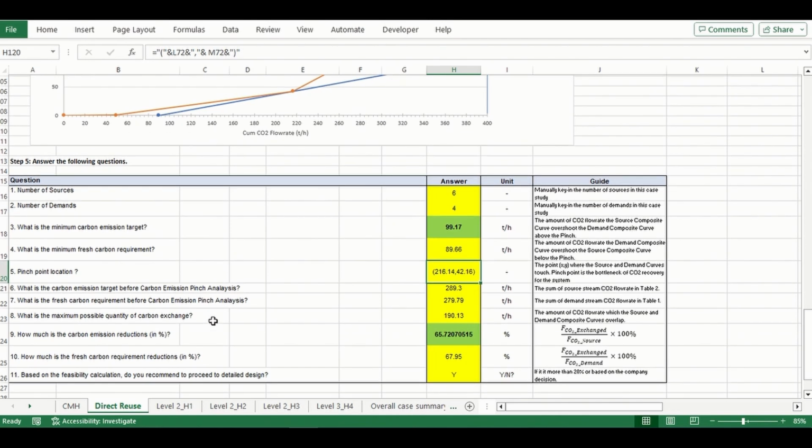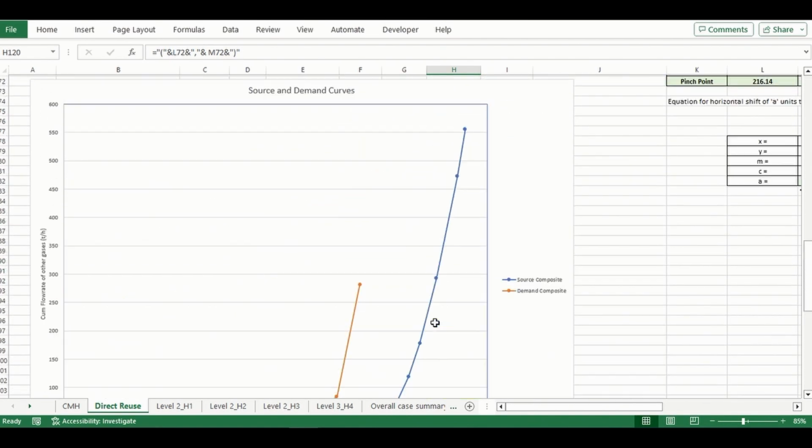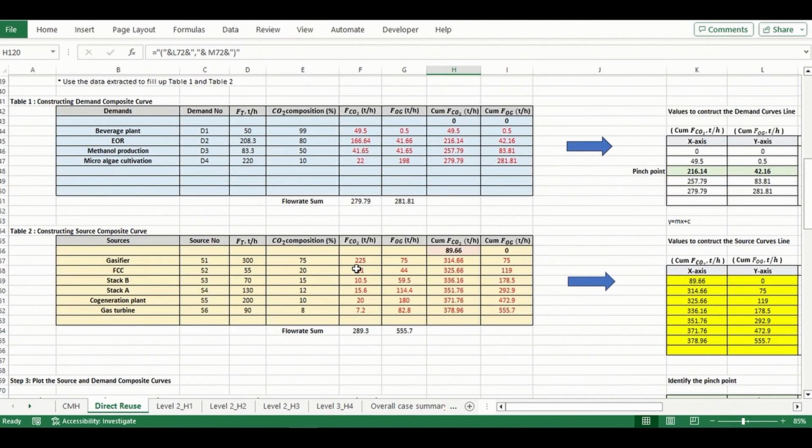Then question number 6 is: what is the carbon emission target before the carbon emission pinch analysis? And question 7 is: what is the fresh carbon requirement before carbon emission pinch analysis? For these two values, we simply add up the flow rate values. For the fresh CO2 target, we just add the flow rate of CO2 from the demand composite curve, which is 279.79.